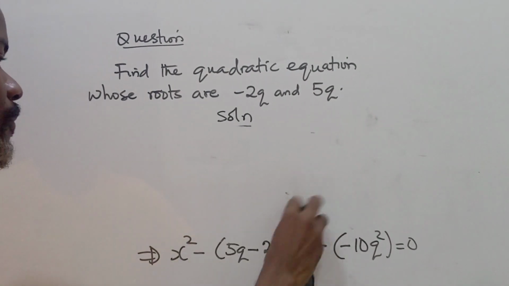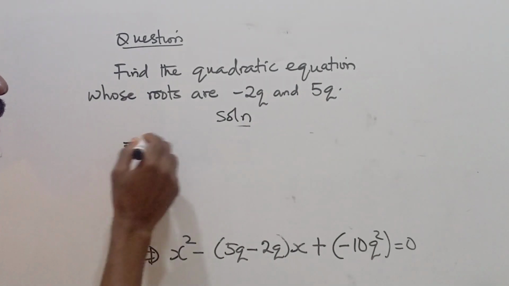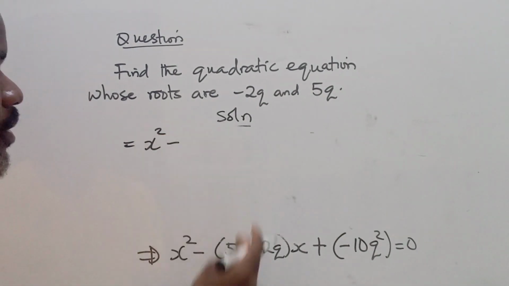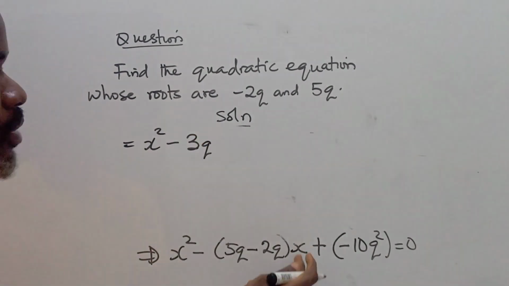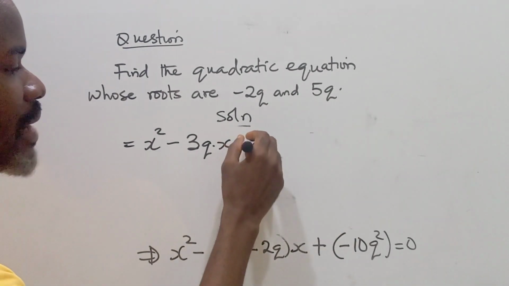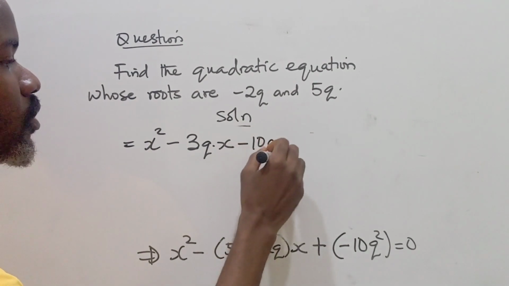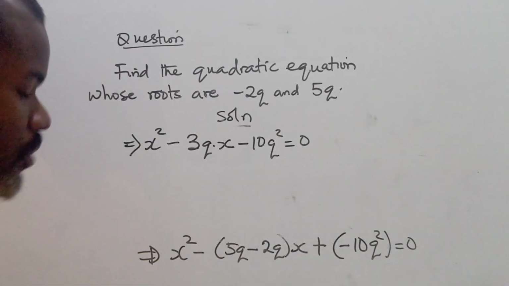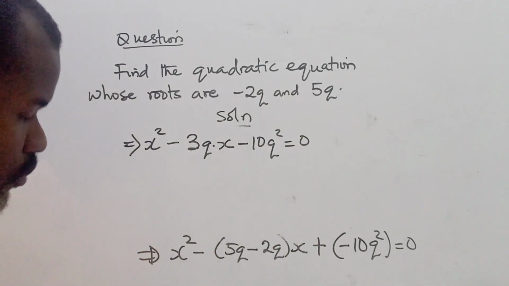Our final answer using the method of formula, simplified: x squared minus, 5q minus 2q gives 3q, multiplied by x, plus times minus gives minus 10q squared, equals 0. So that is the quadratic equation we have been able to form out of these roots.